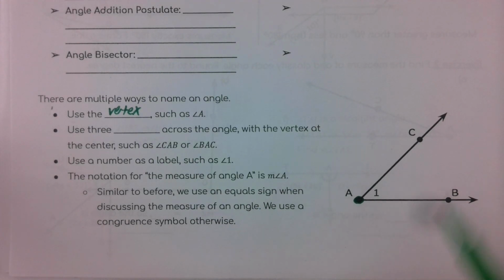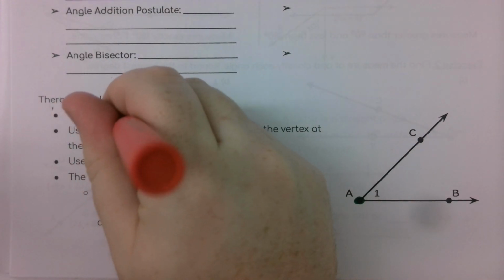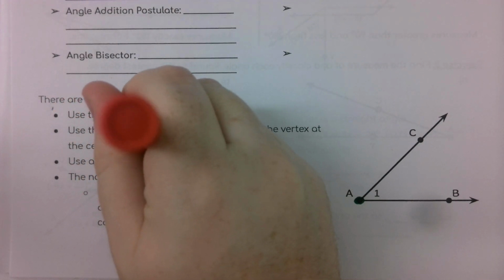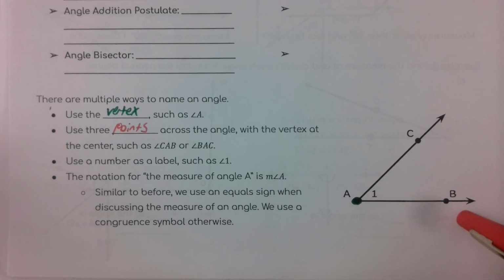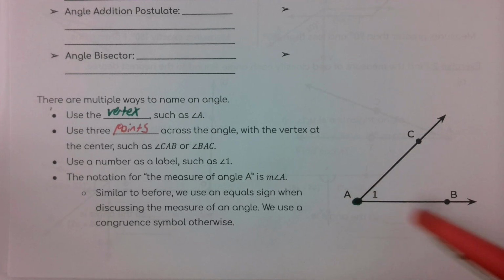So this angle here, I could just call it angle A. Another way to do it is to use 3 points that are across the angle, with the vertex always being the middle of the points. So I could name this angle CAB because that's the direction it goes. It goes from point C over to point A and then right to point B.